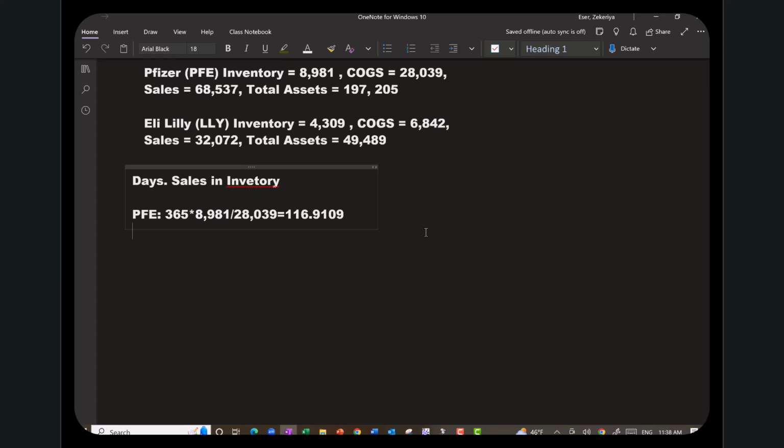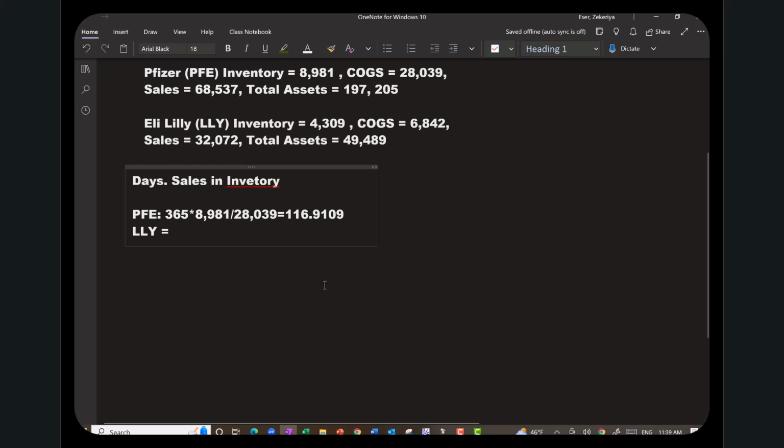How about Eli Lilly? See how slow it is? Because my Excel is open, this is open, I'm recording.